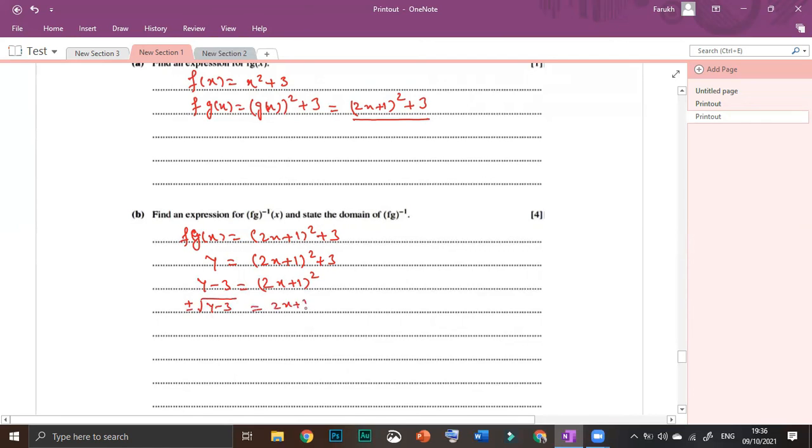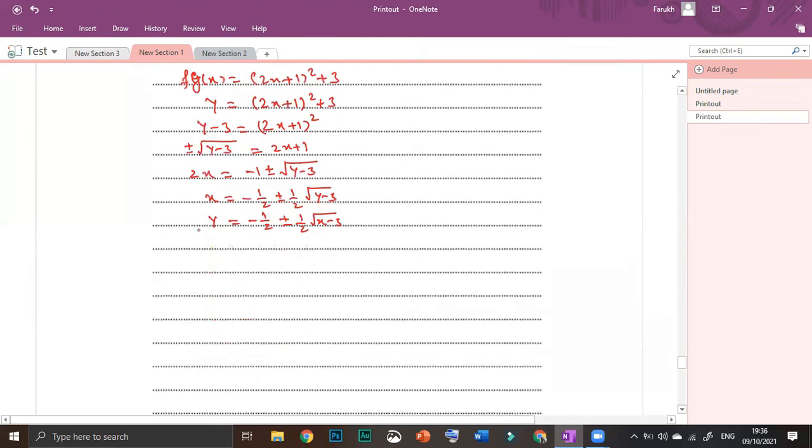This one is very important. Now we will interchange x and y. We have two different expressions for fg whole inverse of x.